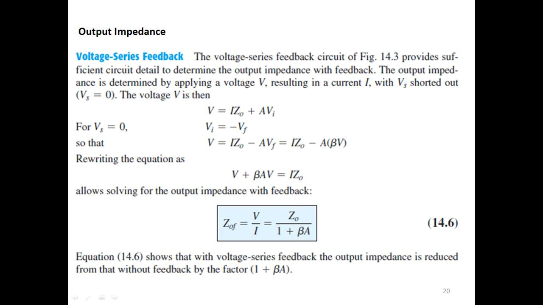Then coming to output impedance. Again the output impedance can be given as, after a series of substitutions you will be getting it as ZOF is equal to Z0 upon 1 plus beta A.